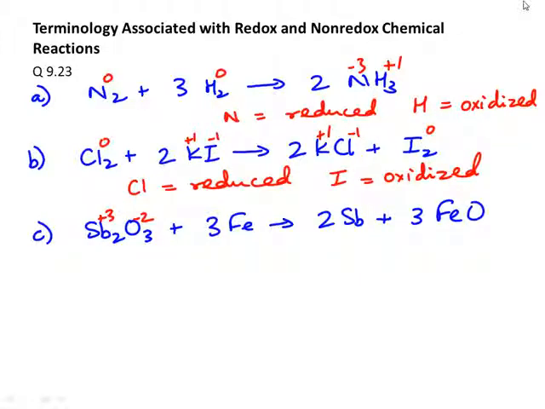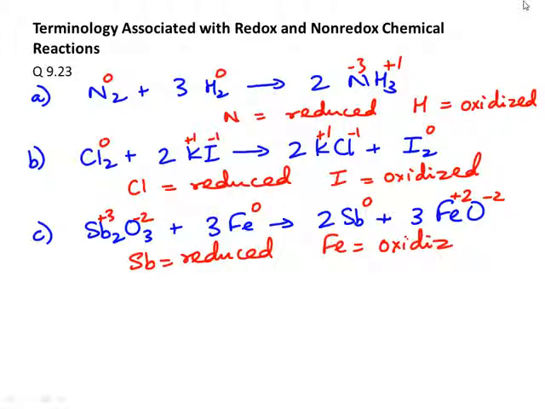Iron in the reactants is 0, antimony in the product is 0, and iron in the product is, if oxygen is -2, +2. So in this case, antimony went from +3 to 0, and the only way to do that is by gaining electrons. In other words, antimony was reduced in this reaction, whereas iron went from 0 to +2 by losing electrons. In other words, it was oxidized.